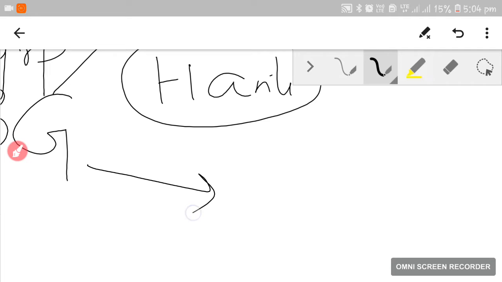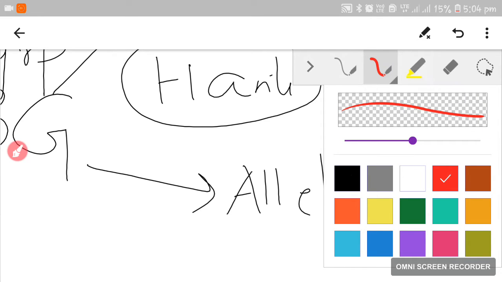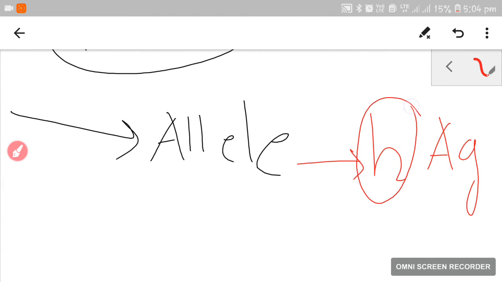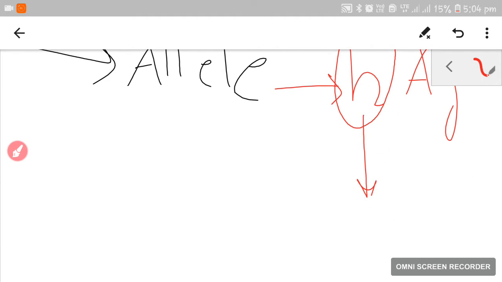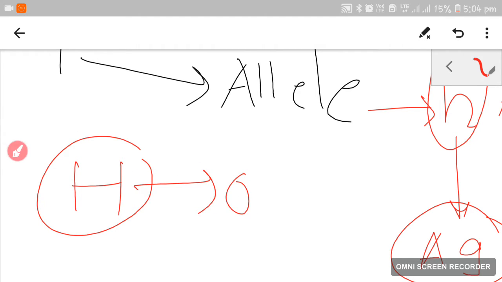So their allele codes for small h antigen, which is a recessive antigen and does not form any antigen. This is the counterpart of the capital H antigen that was forming the O blood group.